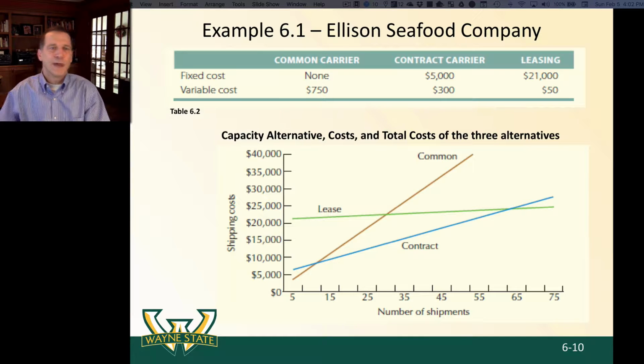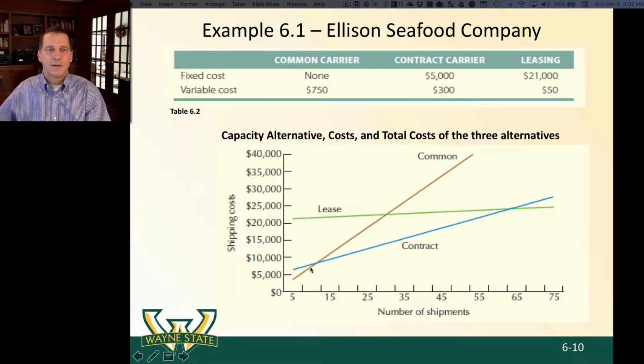Here is a graph, which is a nice, simple way to represent those curves, those lines, those trajectories. So the common carrier, with its zero fixed cost but its high variable cost, becomes expensive in our total shipping cost as our volumes go up.